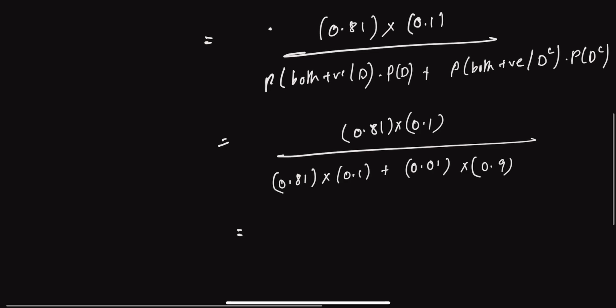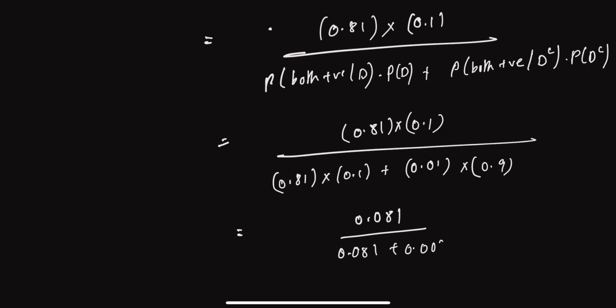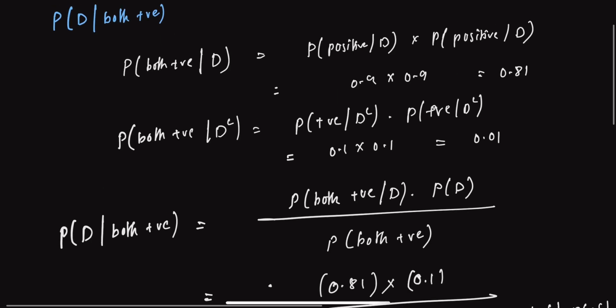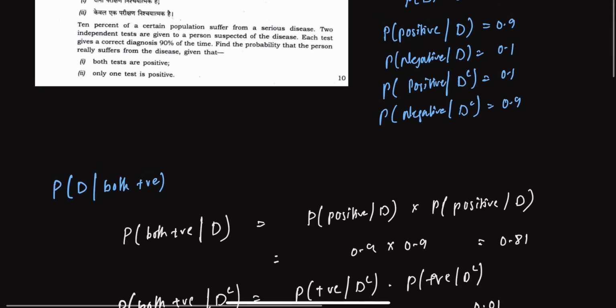That is nothing but 0.081 divided by 0.081 plus 0.009, which is 81 by 90, which is 0.9. So the probability that a person is really suffering from the disease given both tests are positive is 90%.